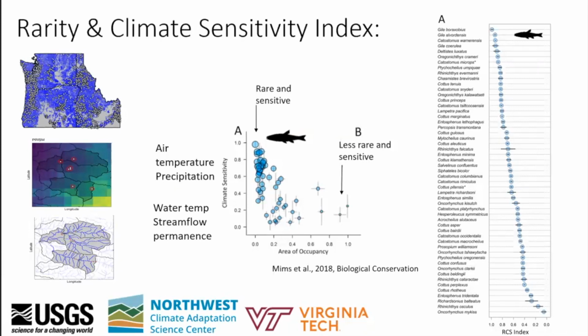So she would take PRISM data, air temperature and precipitation, and plot these species based off of these two axes. So for a given species that has a large area of occupancy but low climate sensitivity, these are these.